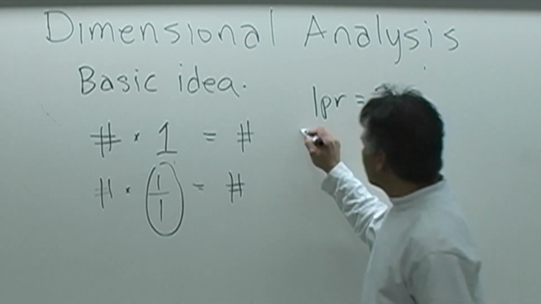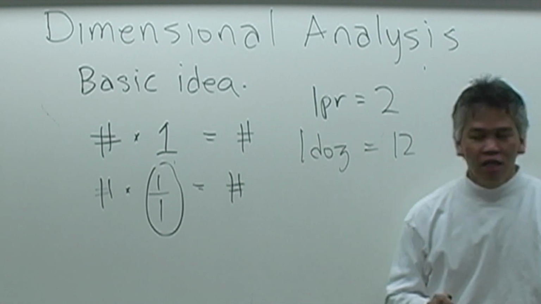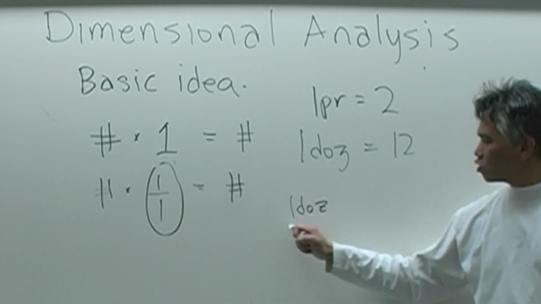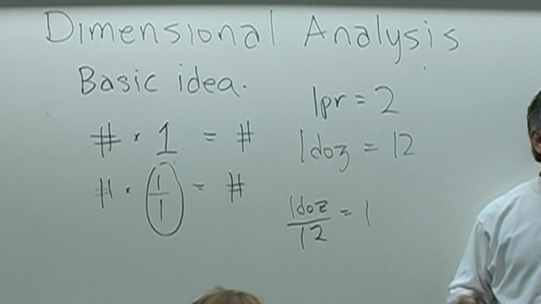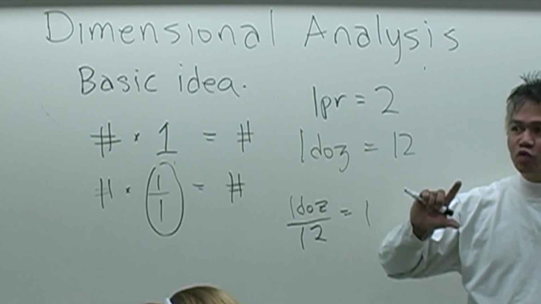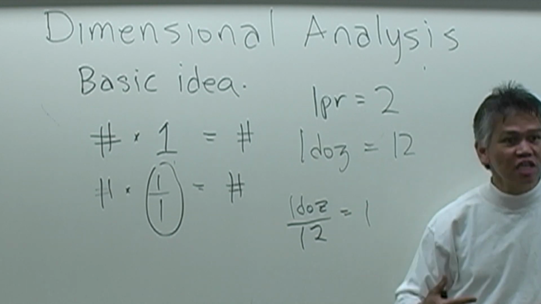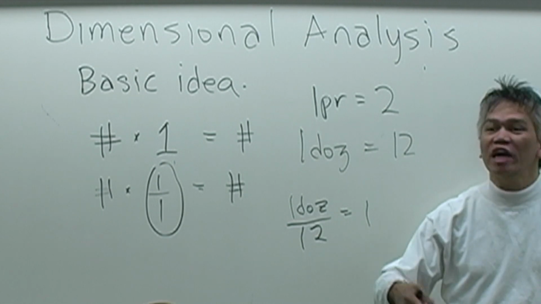How about 1 dozen? Equals 12. So if you put 1 dozen over 12, isn't that just 1? So that's a legitimate conversion factor. Anything that's related to each other and equal to each other for that situation is your conversion factor, your translator.